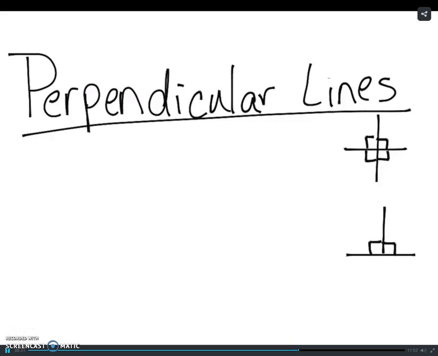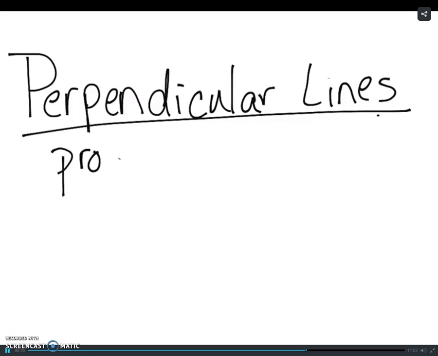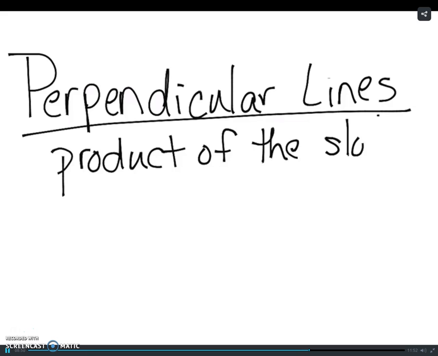Either of these would be an example of perpendicular lines. Perpendicular lines, their slopes are going to multiply to be -1. So we say that the product of the slopes equals -1.